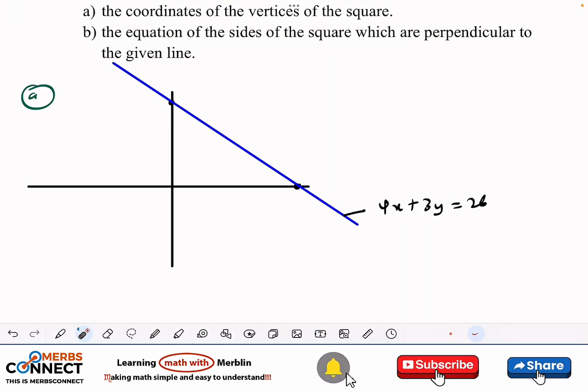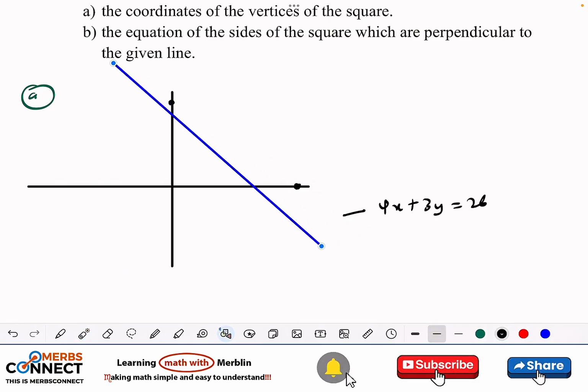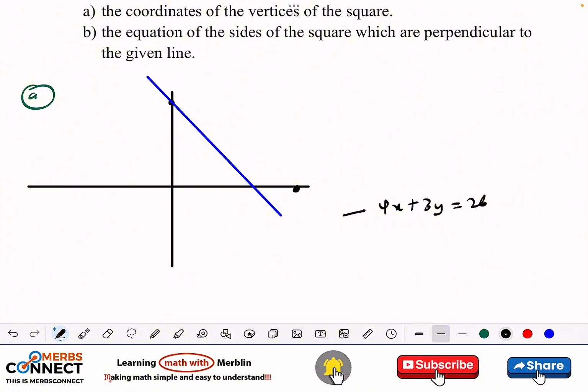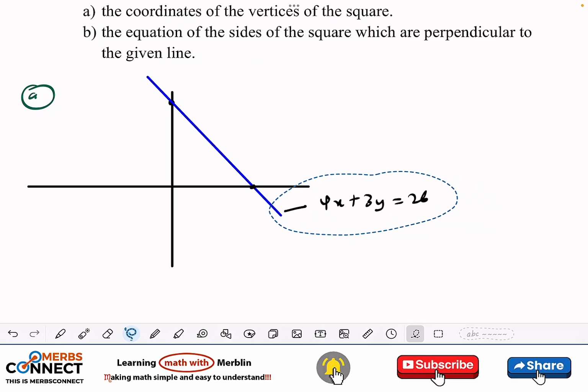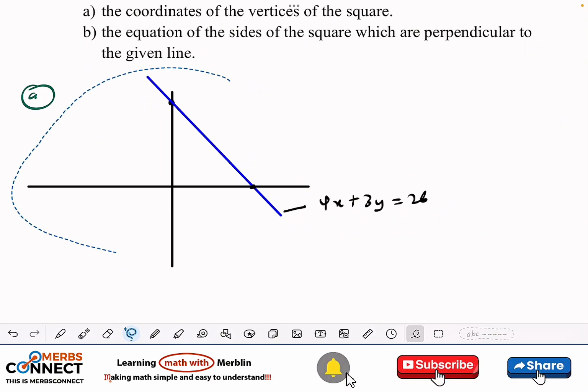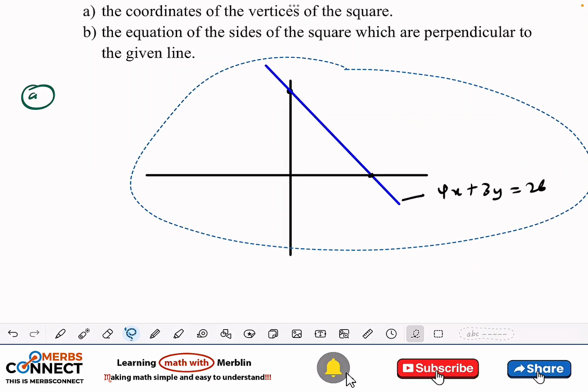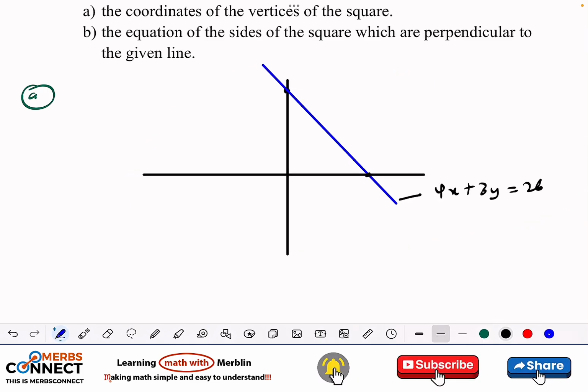So we are trying to form a square. I think it's better for me to bring my point close so that my square will look like a square. Let me remove this coordinate here and bring the point somewhere here so that I can bring this line close, right? And then I'll shift this one to the right a little so that I can now draw my line.